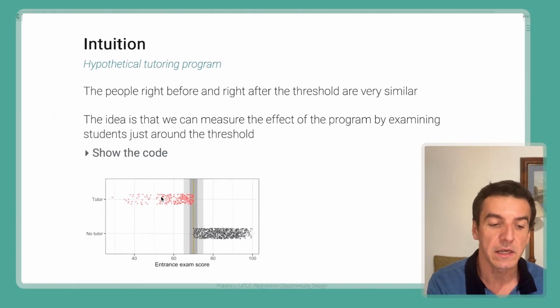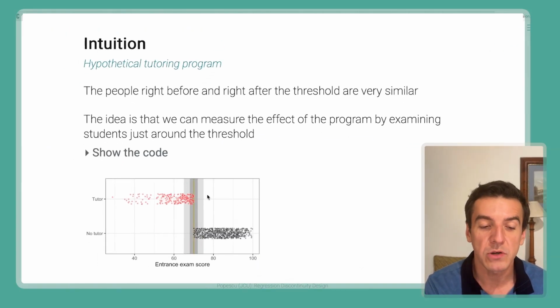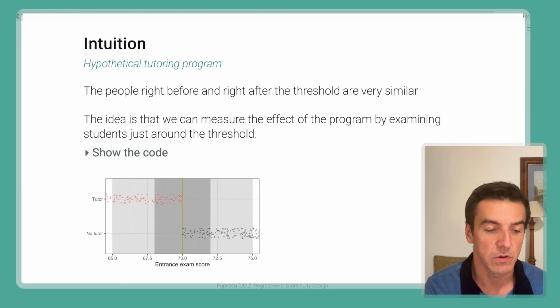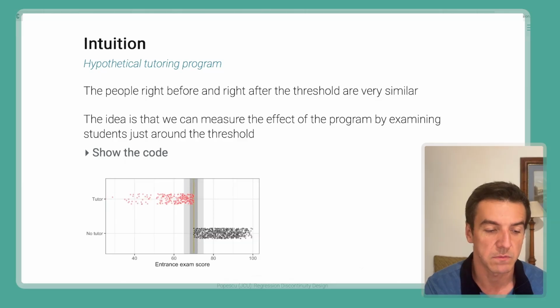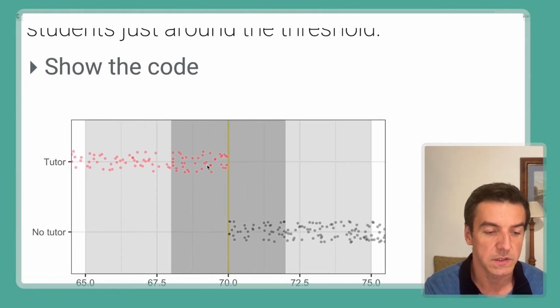So the idea here, from an identification point of view, is that we can measure the effect of the program just by examining the students at the threshold. So if we zoom in, notice how this moves around, so this is much more zoomed in, we would make the assumption that these points here and these points here are very similar.